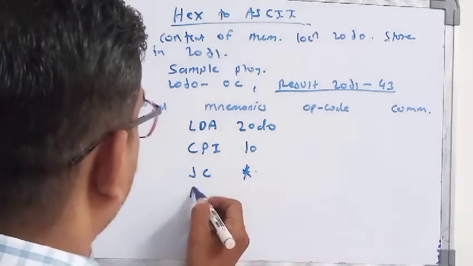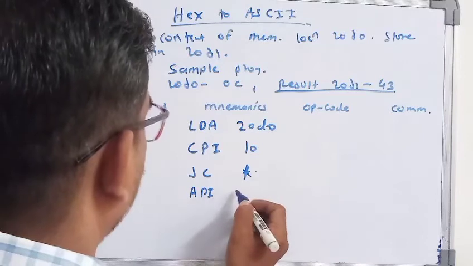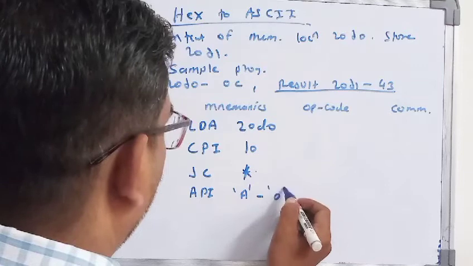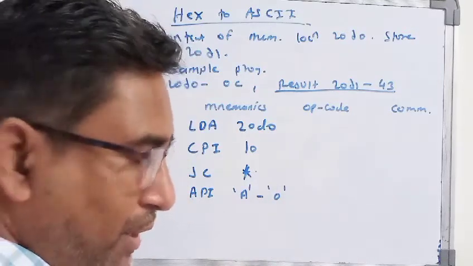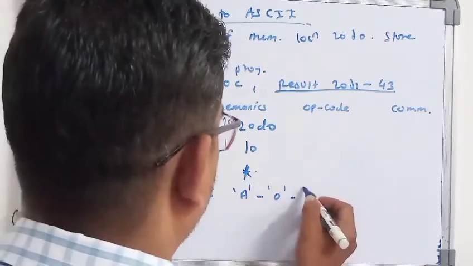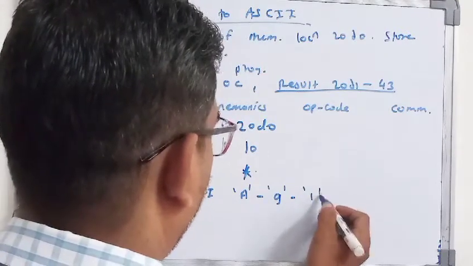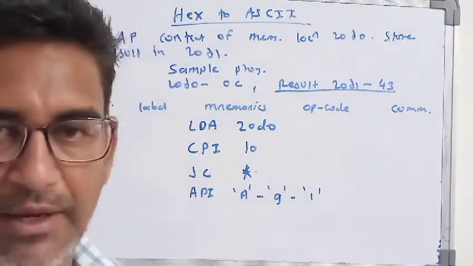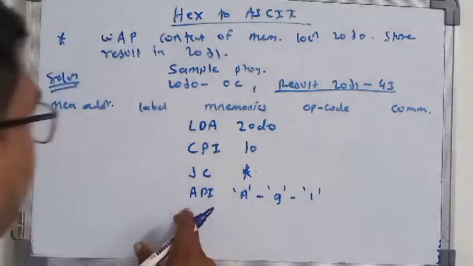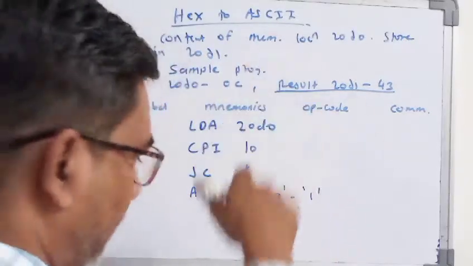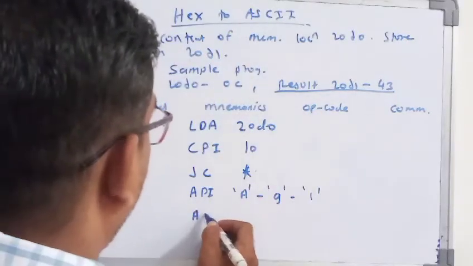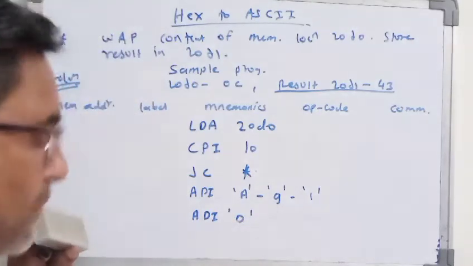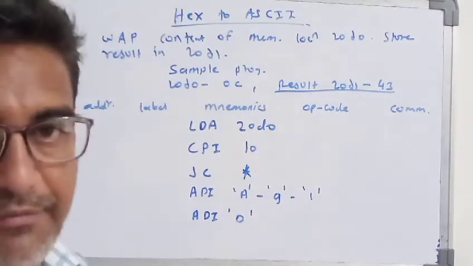Then ADI. This instruction is very much important, because it counts the numbers from A to Z and 0 to 9. It is a very important instruction, students. Then we will see the value that is going to be jumped to that particular instruction. So you have ADI 0, and where you have to store?